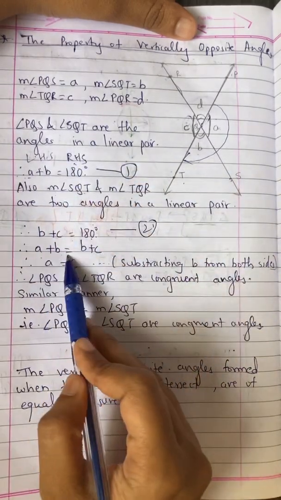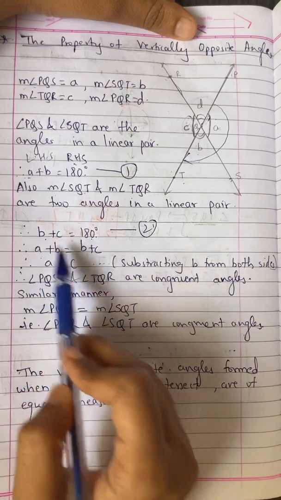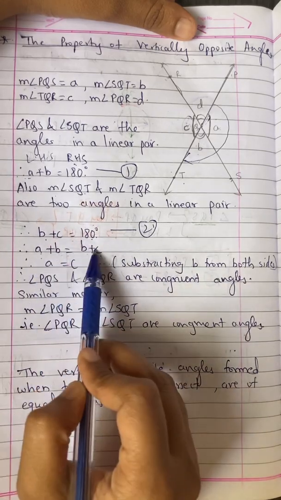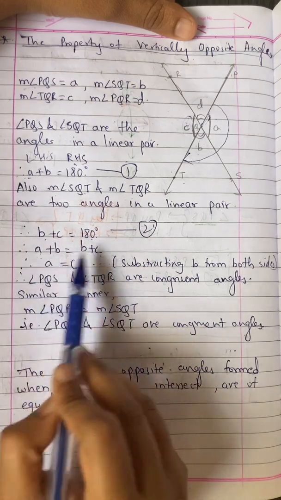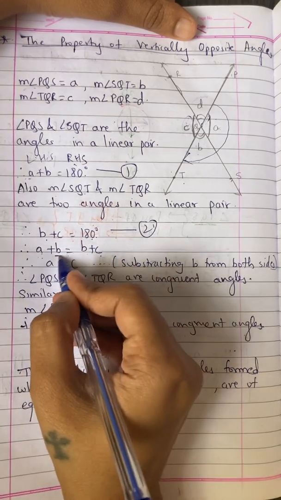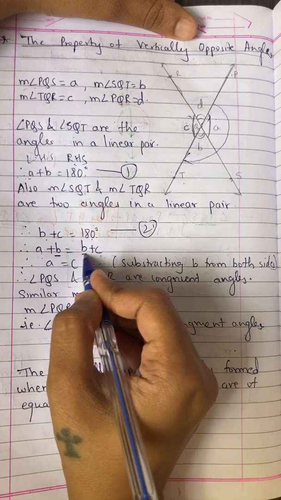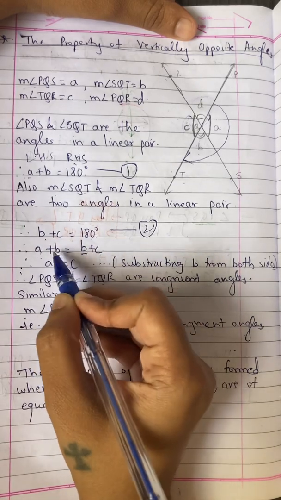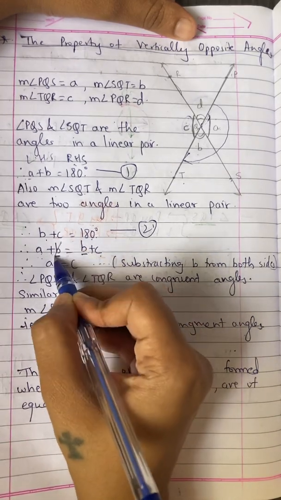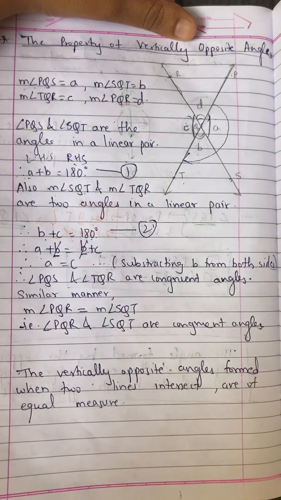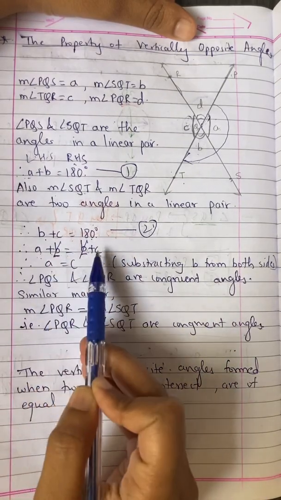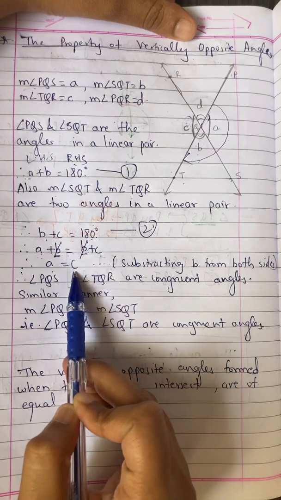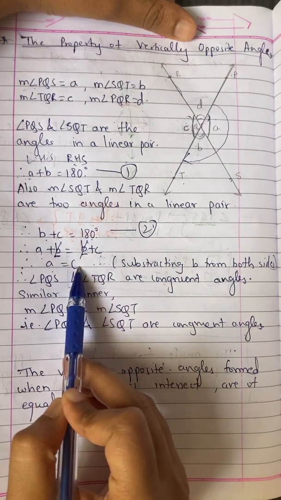So A plus B equals B plus C. When we equalize this, we observe which are the common terms on both sides. B is there on the LHS and B is there on the RHS. When the same term is there on both sides, we can cancel it. When we cancel B on both sides, we are left with A on this side and C on the other side, and A becomes equal to C.